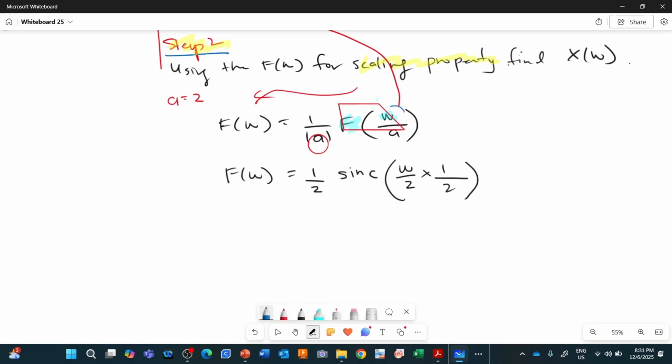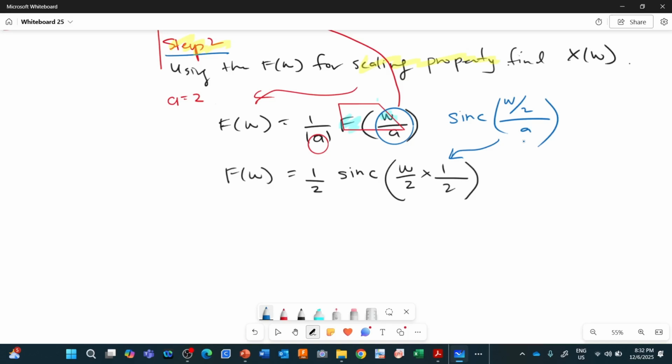So this part means that you're going to write sinc of the original omega over 2 divided by A, like this. Based on that I substitute the value. So A is 2, right?